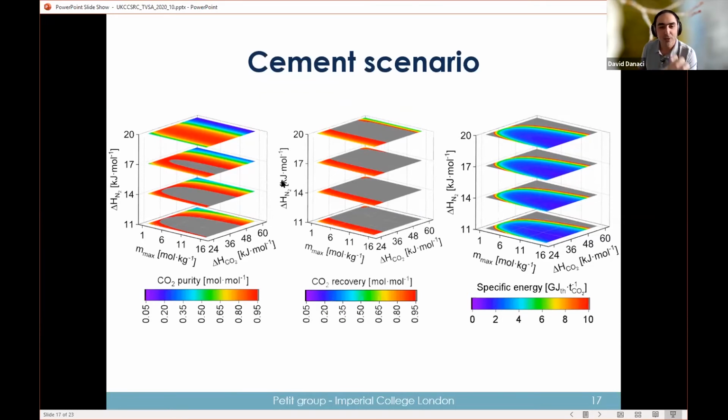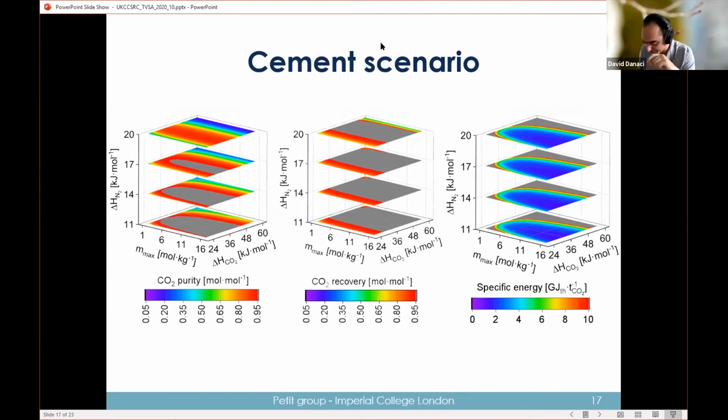So when you're adsorbing a lot of nitrogen, you also need to feed in, per cycle, more gas to adsorb that nitrogen. So although the CO2 working capacity is staying the same, because recovery is relative to the total feed, you will most likely see a drop-off as you head up in nitrogen capacity.